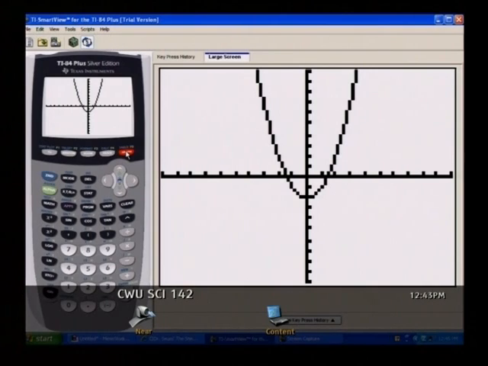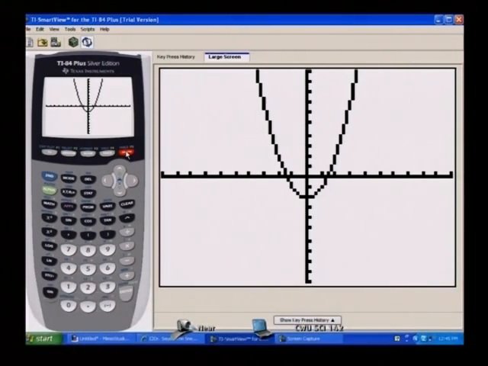This one's shifted downward on the y-axis. See if you can match our graph here. After you get the first one, the second one probably was a little easier. So you could see that shifting down was y equals x squared minus 2.